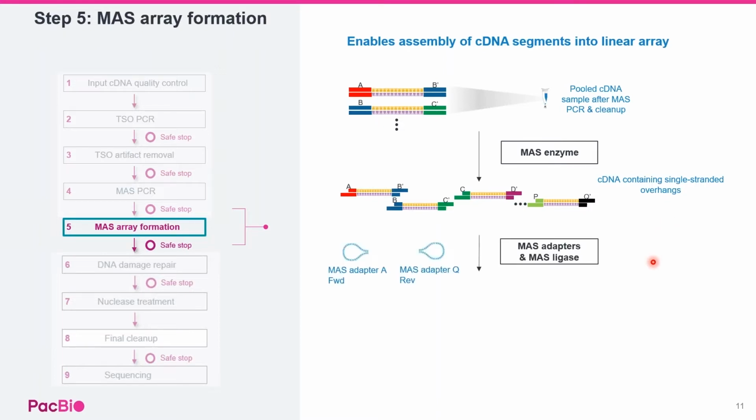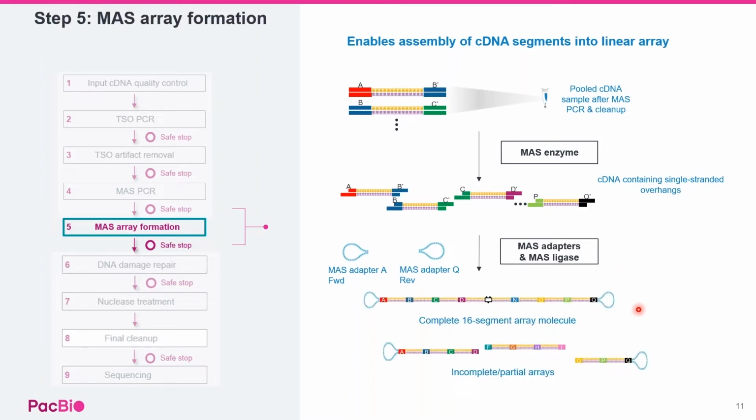To this sample, MAS adapters A and Q are added, followed by addition of MAS ligase in order to enable formation of linear arrays. This ligation reaction results in the formation of complete full 16-segment arrays along with some partial incomplete array molecules that may contain only one MAS adapter at either of the ends or no adapters at all.